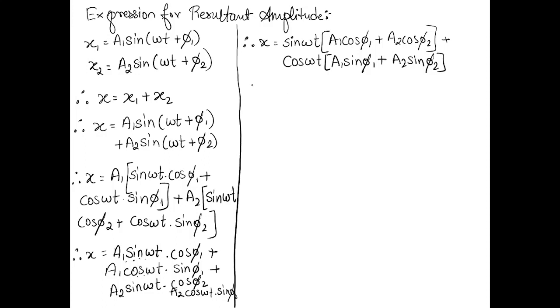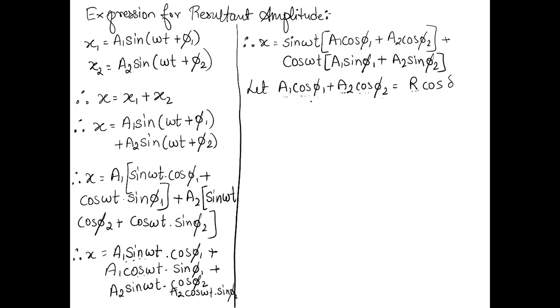So here I will say let a1 cos phi 1 plus a2 cos phi 2 be equivalent to the resultant amplitude R, whose value is to be calculated, times cos of the resultant phase, suppose delta.